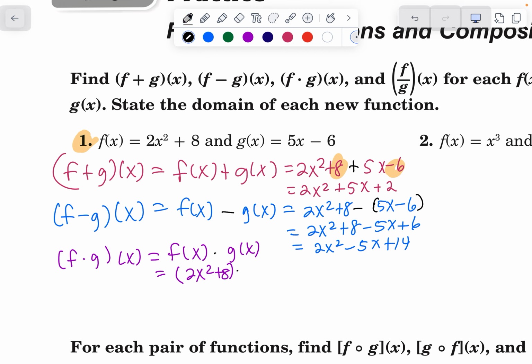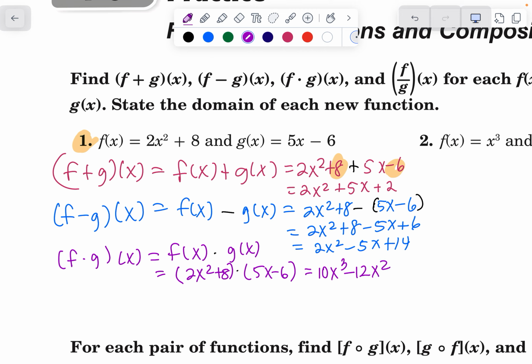We would put 5x minus 6 in parentheses. So when multiplying 2 functions, you have to put them both in parentheses. And most of the time from there, we have to use the distributive property. So let's distribute the 2x squared. We get 10x cubed minus 12x squared.